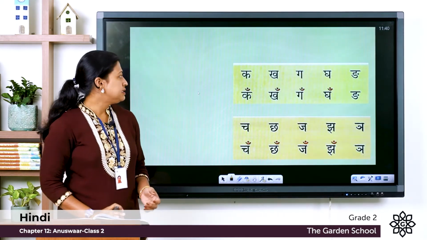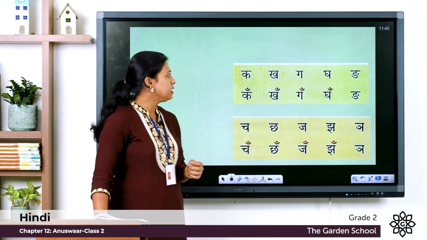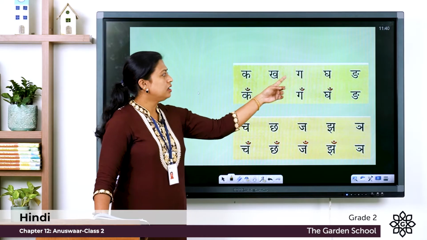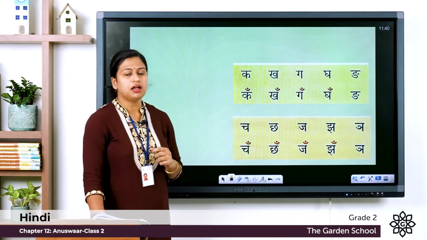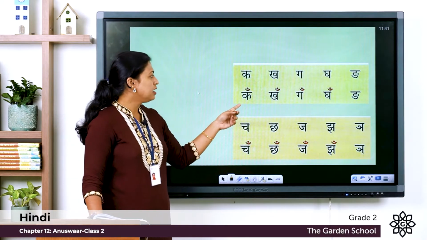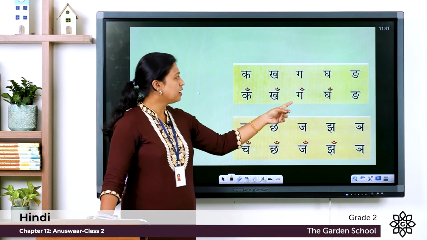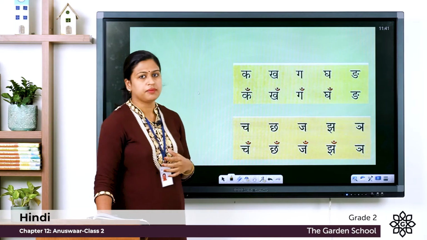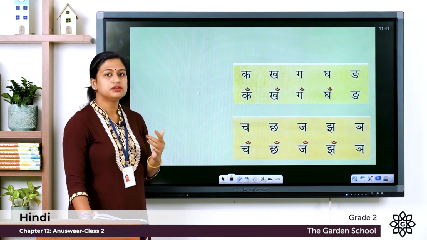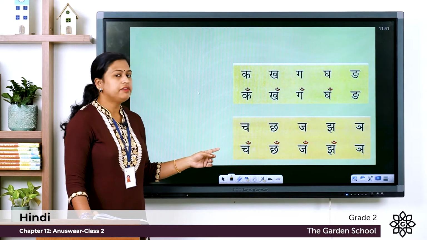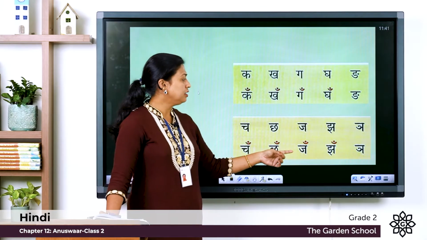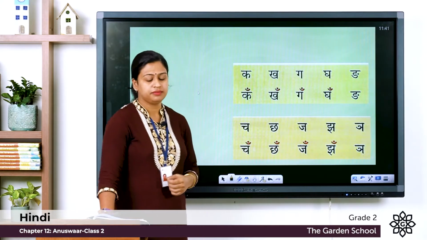Next, we'll see a few letters here. You can see the first Vyanjan letters Ka, Kha, Ga, Gha, Nga. And when we add this sound, the sound is Ka, Kha, Ga, Gha, Nga. Next one, Cha, Chha, Ja, Jha, Nya. And when we add this symbol, it sounds Cha, Chha, Ja, Jha, Nya.